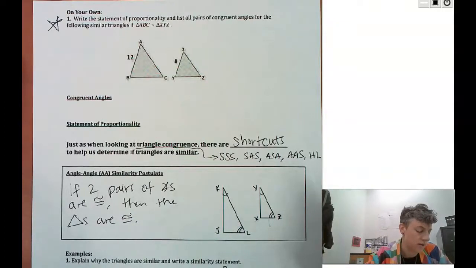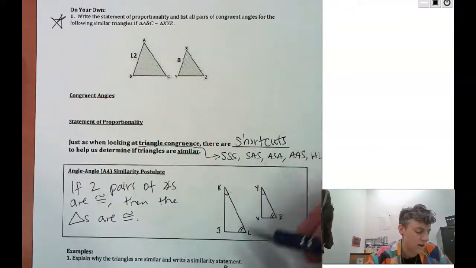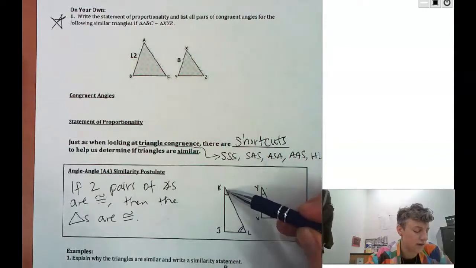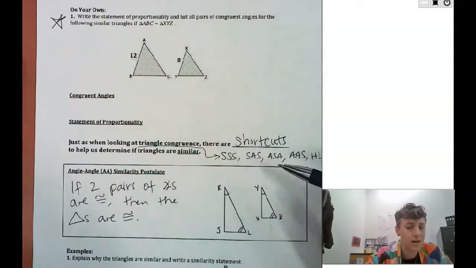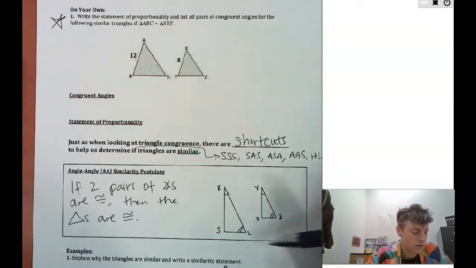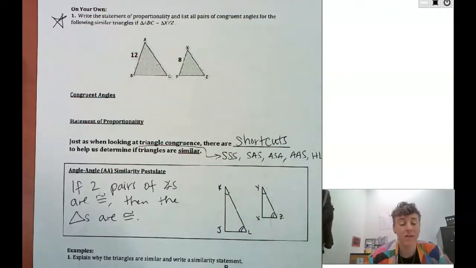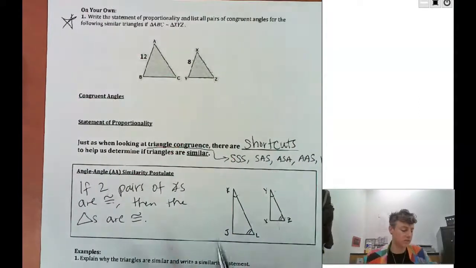So if these two pairs of angles are congruent, their third angle has to be the number to make these two add up to 180, and it'll be the same number over here. And then voila, we'll have two triangles with all their angles congruent, and they have to be similar. So we don't need to measure all three angles, we really only need to measure two. And the third one will be congruent as a consequence of that. So angle-angle similarity postulate.